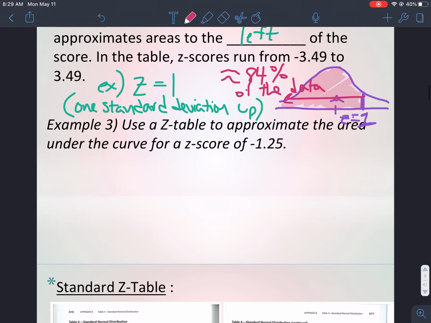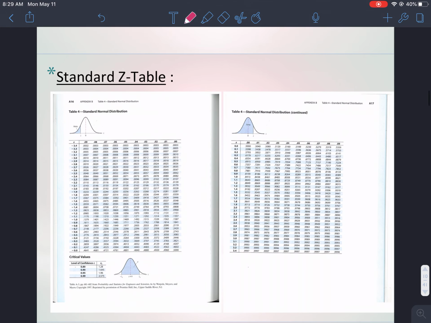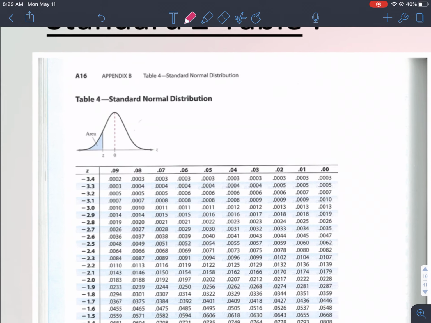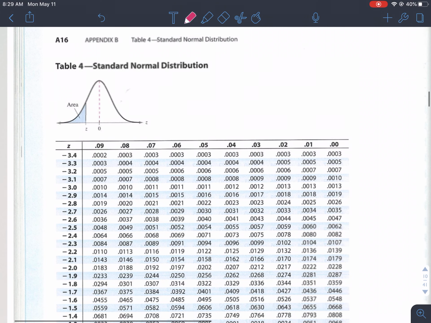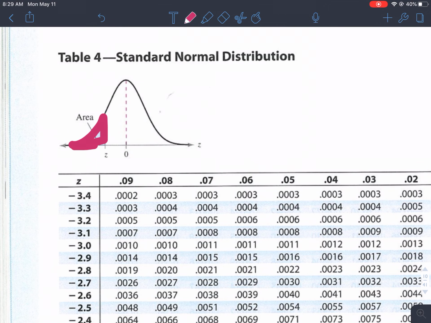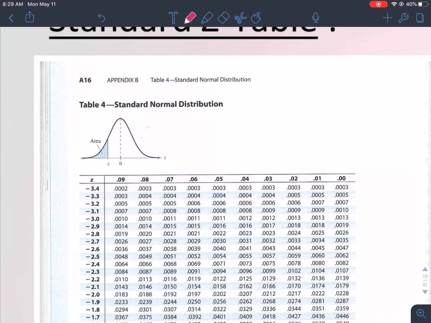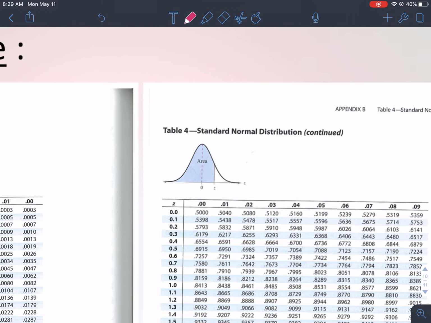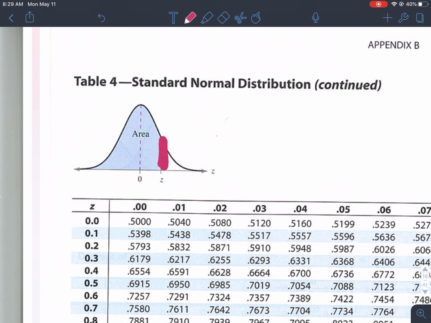Let's go down to the table. You see, first, it says standard normal distribution. This is from any statistics textbook. You can find this online somewhere. Not a problem. The area is going to be to the left. Okay? So now, if I look for z equals 1, okay, here's my example. This is z equals 1.